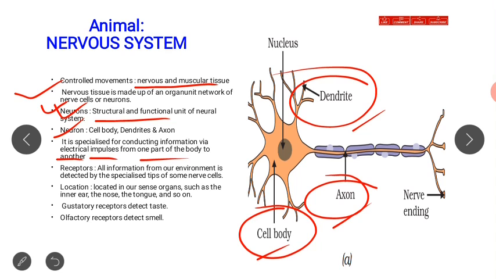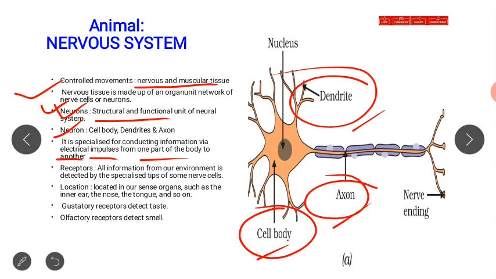According to the situation, according to the environment, according to the stimulus, we show different kinds of movement, or we respond. And to detect these environmental stimuli, some receptors are present in different body organs. Some specialized dendritic tips are present in some organs which act as the receptors.